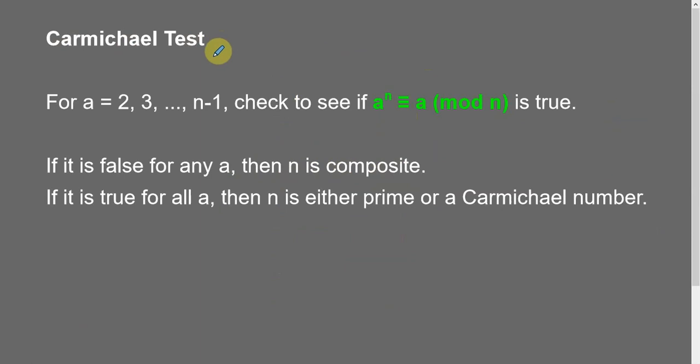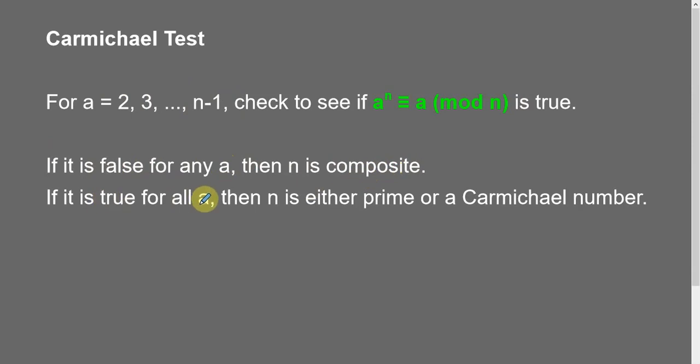The Carmichael test. So again, you check bases from 2 to n-1, and what you do is you check to see if a to the n is congruent to a mod n. See if that's true. You do it for all of these numbers. And again, it's really important that we understand the conclusion. If any of them fail, so if this turns out to be false for any one of these, just one is enough, then you know you have a composite number.